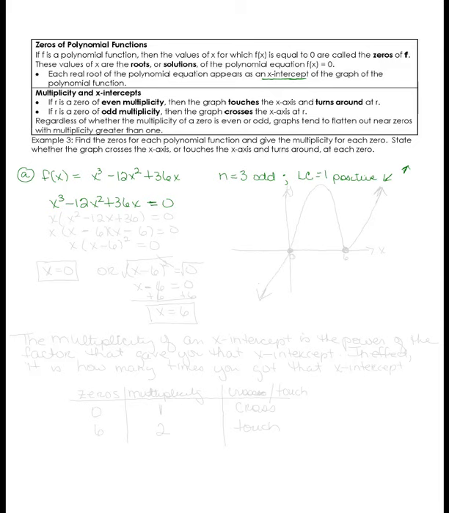We're going to factor. So, factor out the GCF. Can we do that? What is it? x. So we factor out an x, and we have x squared minus 12x plus 36 equals 0.